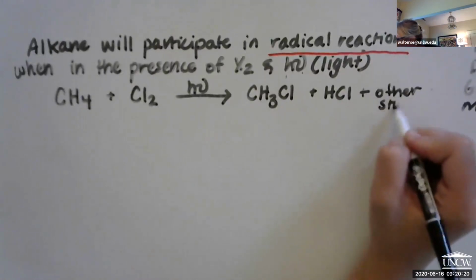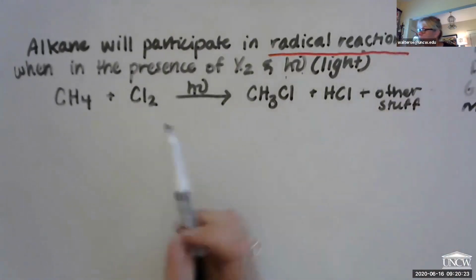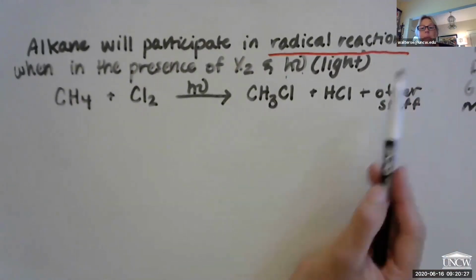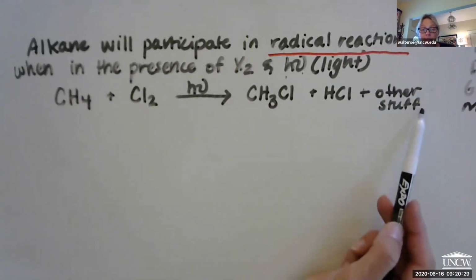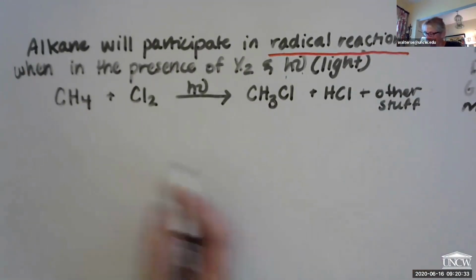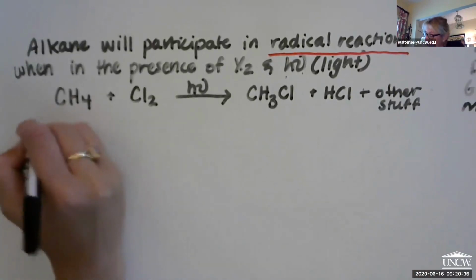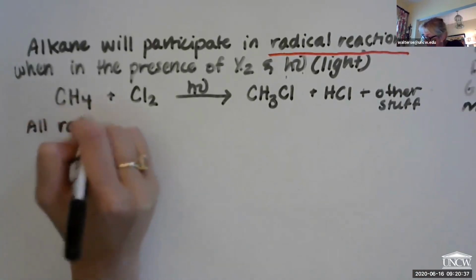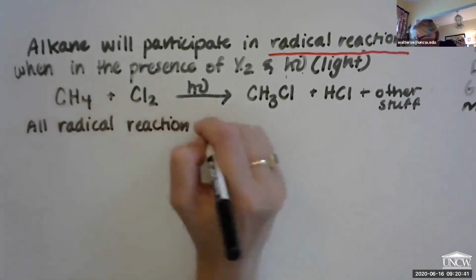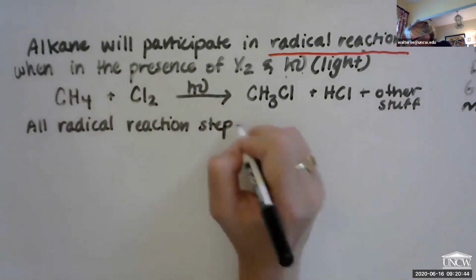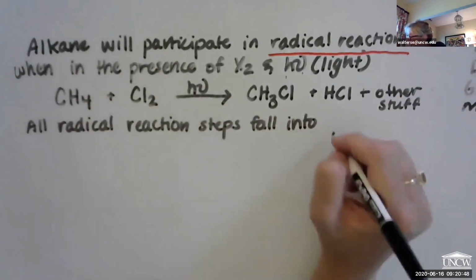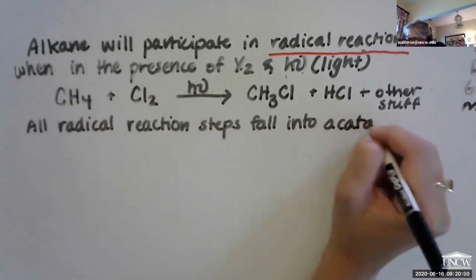Okay. And then what I want you to write at the end of this is plus other stuff, because what we're going to find is that radical reactions are very hard to control, and you end up making a significant amount of byproducts. All radical reactions, or their reaction steps, fall into one category, I guess one of three, but you can categorize them.